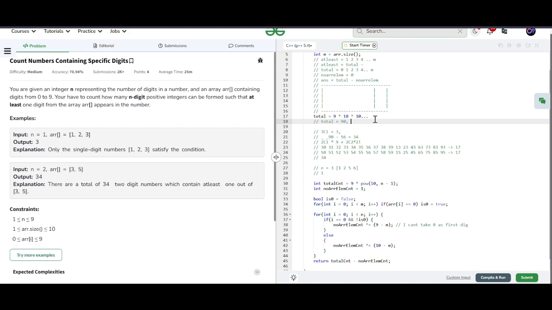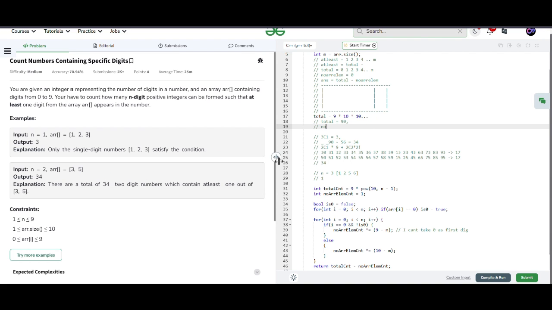And for zero elements from the array, no array element, as the first digit you have 7 possibilities. This would not be zero, but you can take one, two, but not three, as three is present in the array. But four, and I can take 5, 6, 7, 8, and 9. So these are the 7 possibilities for the first digit.